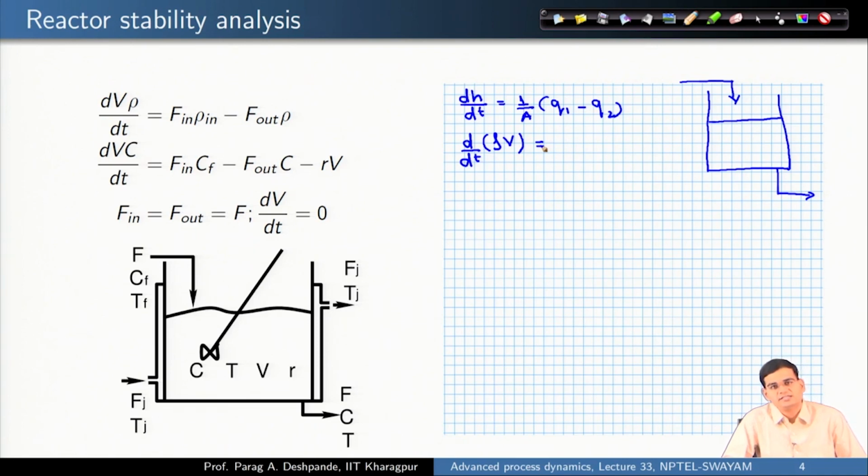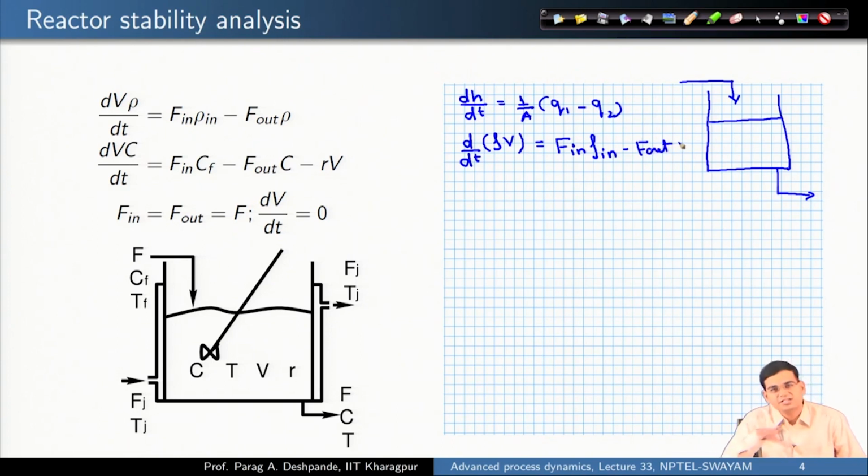If there occurs a change in the density of the system, which means that the density at the inlet is something different and the density at the outlet is something different, then the volumetric flow rate F in multiplied by the density at the inlet would give you the mass flow rate in, and similarly minus F out times the density at the outlet.